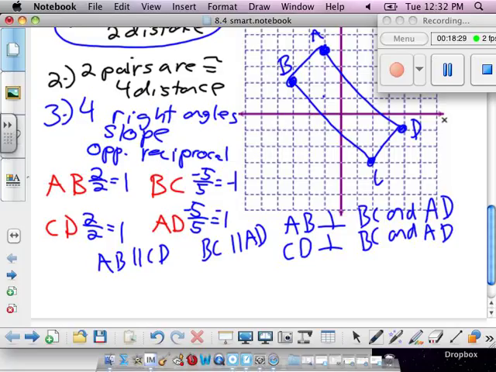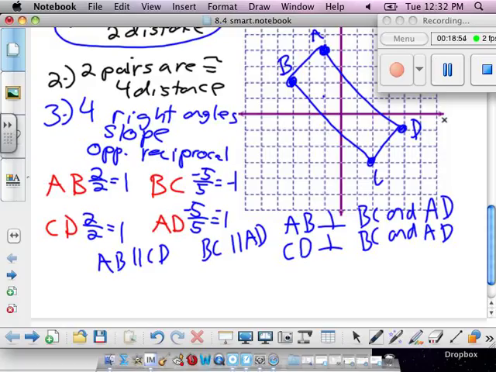Parallelogram, right? We've proved that they're perpendicular, so it's more than a parallelogram now. But we've got to prove opposite sides are congruent in order to prove it's a rectangle.